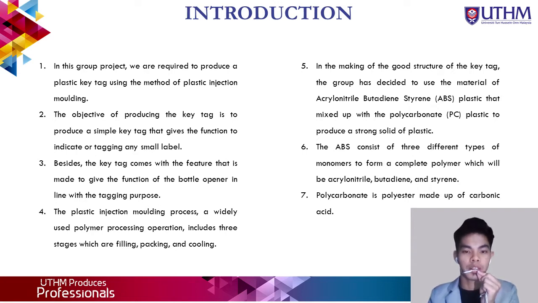And then our group has chosen ABS plastic and also polycarbonate plastic, which we mix to produce a strong solid plastic, and it will be used as the main material for our plastic injection molding process.